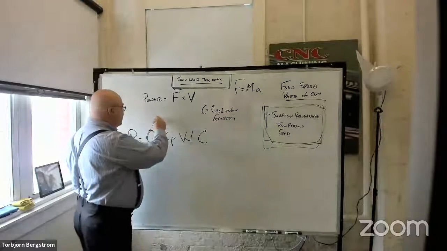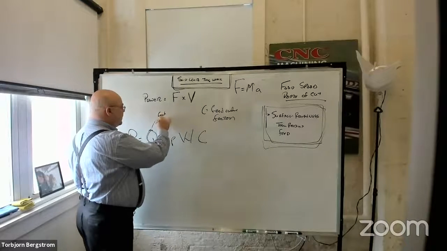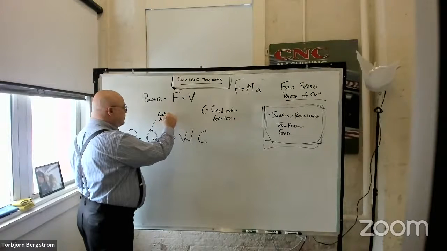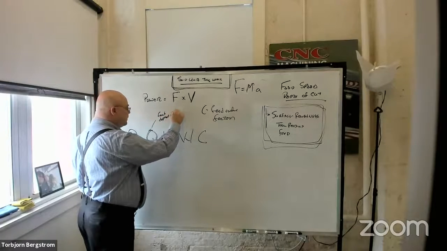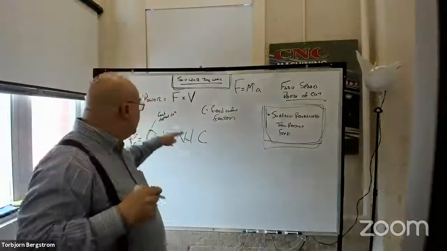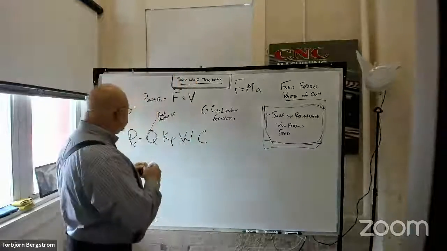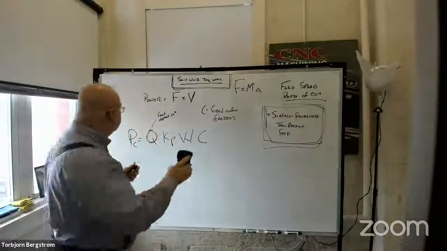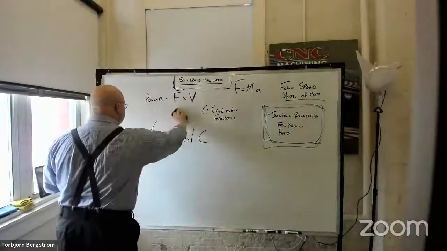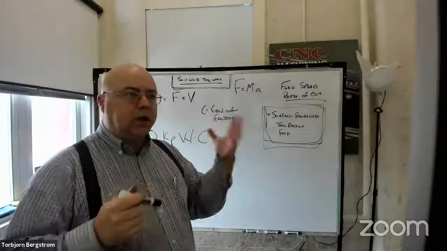Q is going to depend on the feed, the depth of cut, and maybe the RPM depending on what your units for feed are, right? Okay, so we get to choose Q.